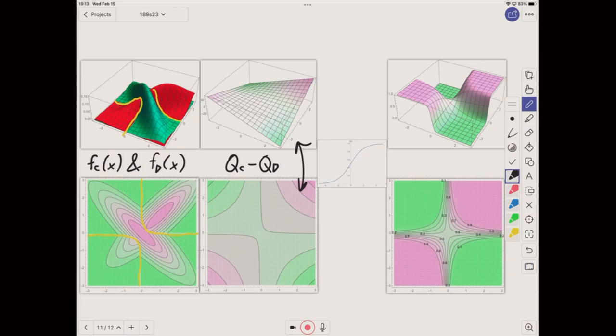The function itself is a hyperboloid. The contours that you get in the bottom are hyperbolae in 2D. So in particular, you can see the decision boundary here, because that is the contour with iso value 0. So QC minus QD is 0 on those two contours.